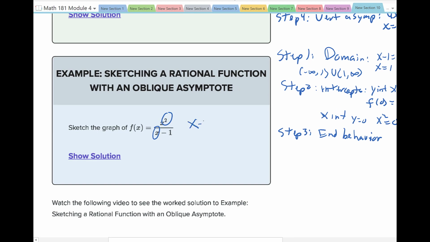x minus 1 goes into x squared plus 0x plus 0. So x times what is x squared? That's an x. So x squared minus x. We subtract, and I get an x out of that. So x times what is x? It's going to be a 1. So we have x minus 1.